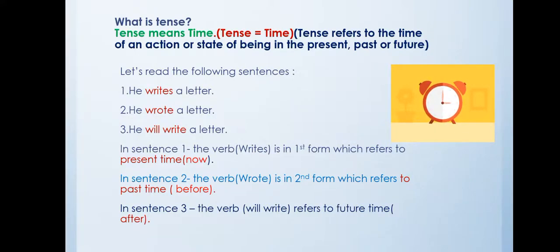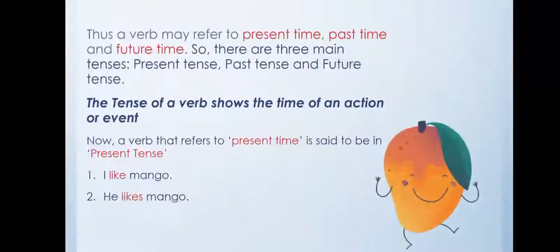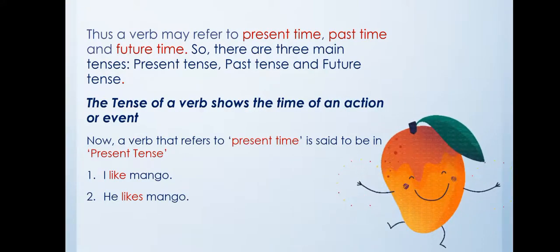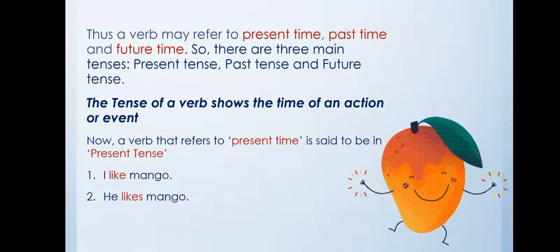It indicates something already done before. In the third sentence, the verb will write refers to future time, that means after. So, we can say that a verb may refer to present time, past time and future time.